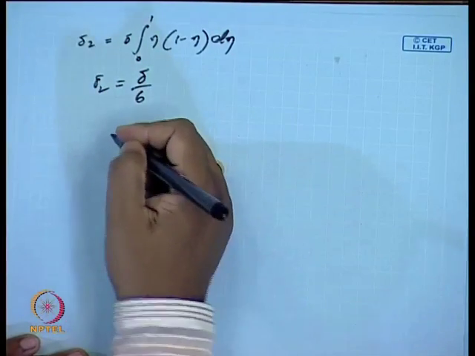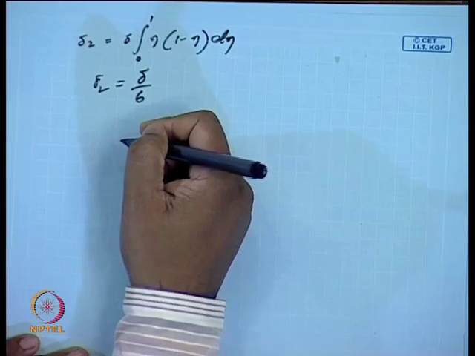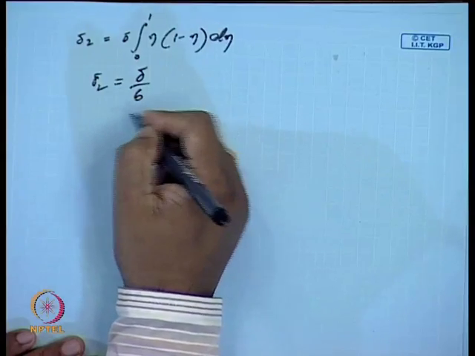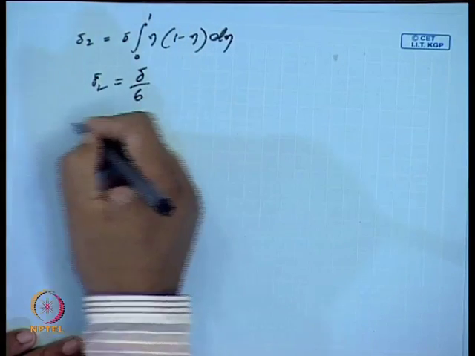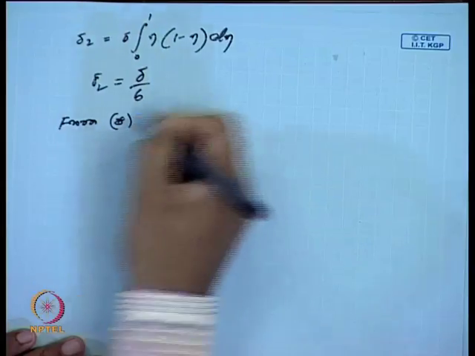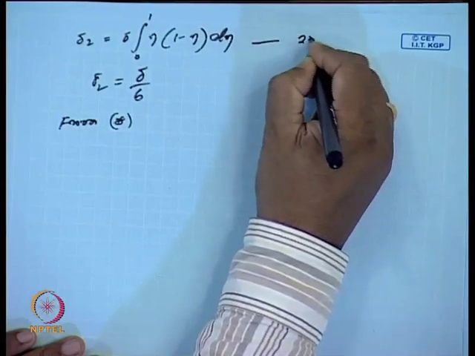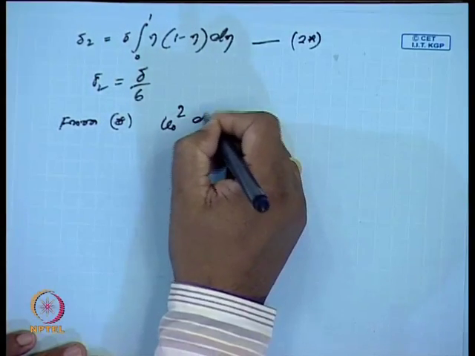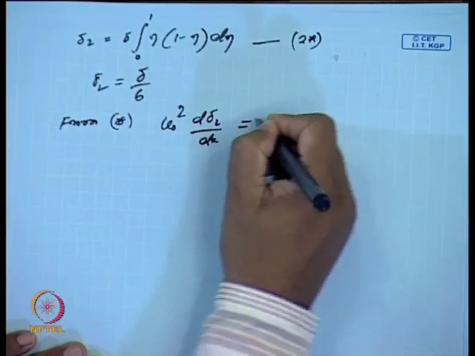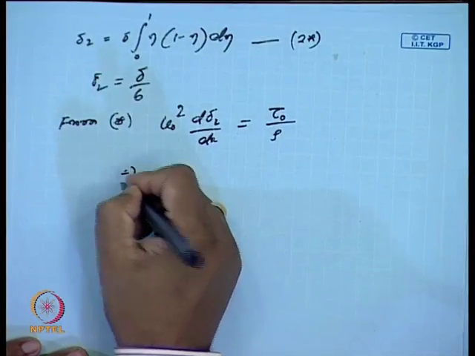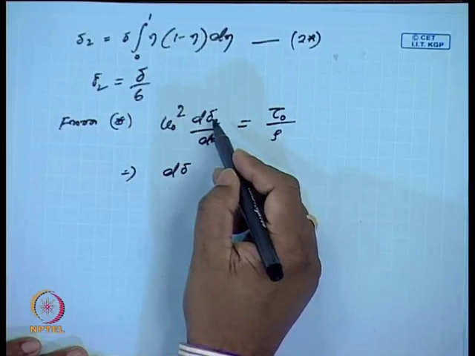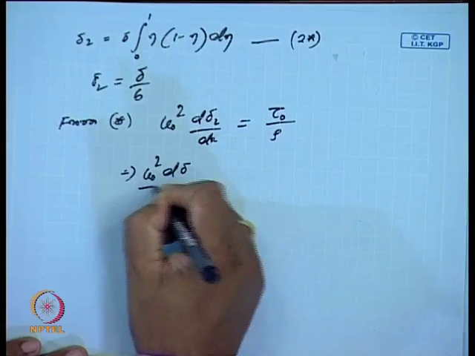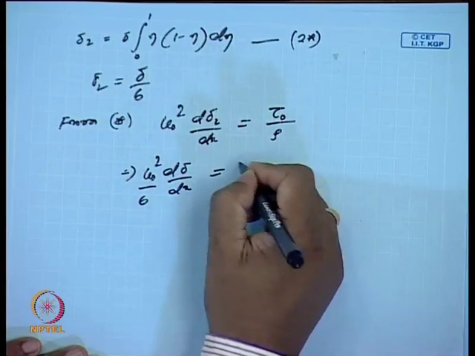Now I substitute this into the integral equation in a similar manner. From star and double star, I will get u naught squared d delta 2 by dx equal to tau naught by rho, and because delta 2 is delta by 6, I will have u naught squared by 6 into d delta by dx equal to tau naught by rho.